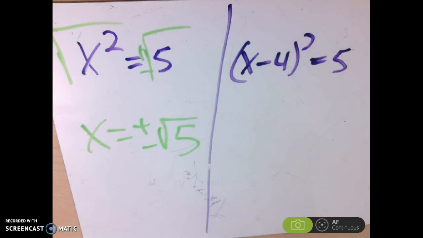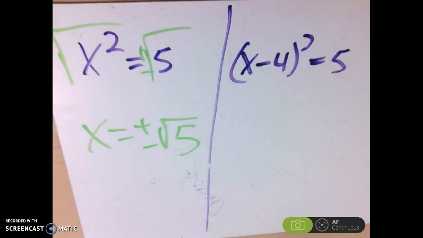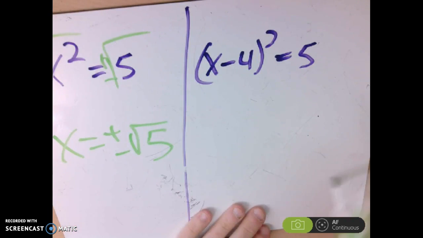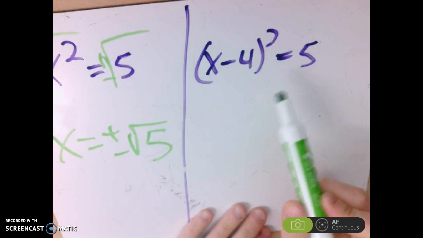And that's how I can leave it. I don't want my decimal approximation of 2 point whatever it is, because the square root of 5 is an exact number, and my 2 point whatever is just some estimation.